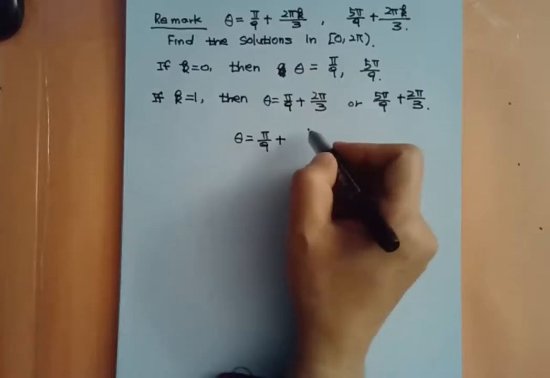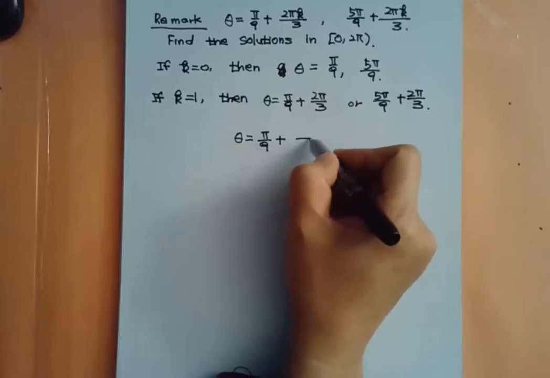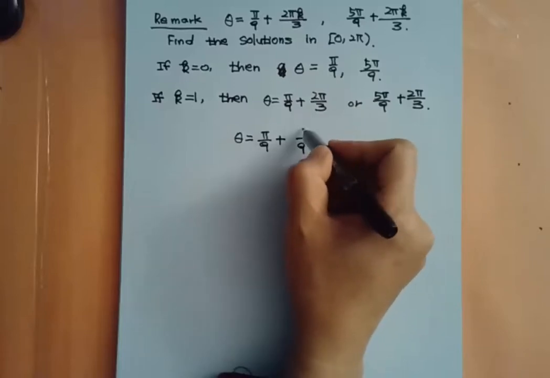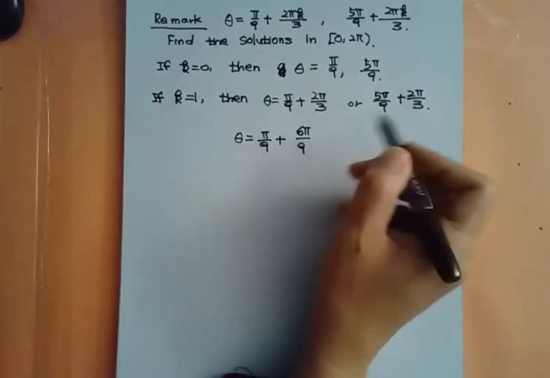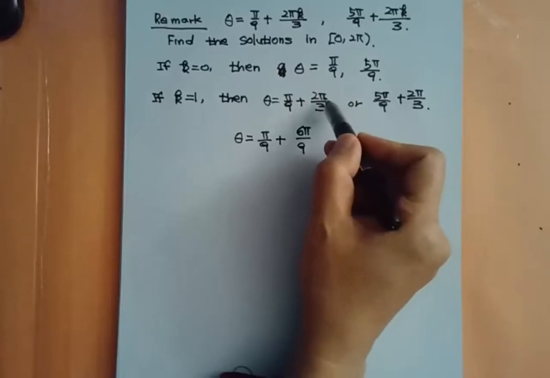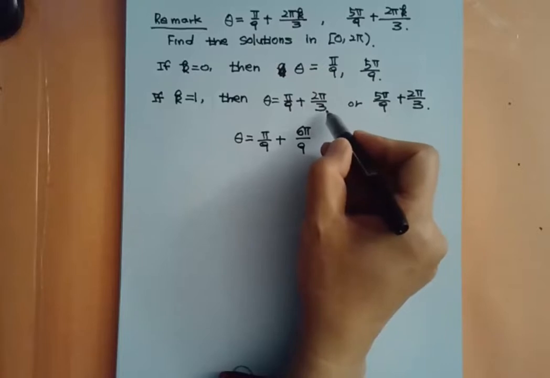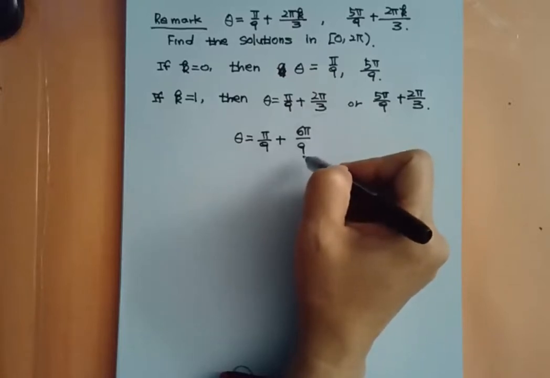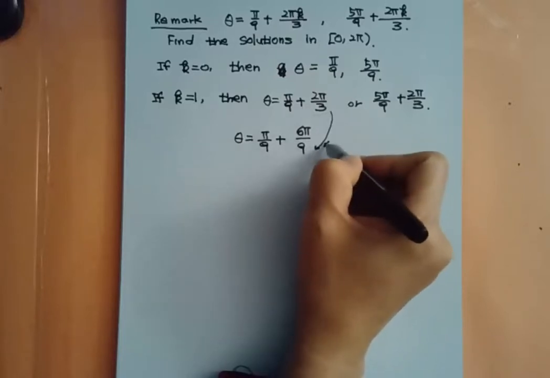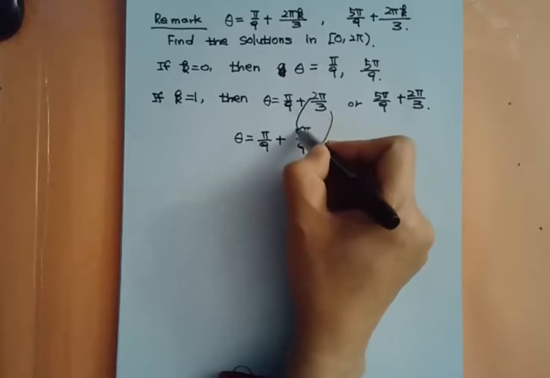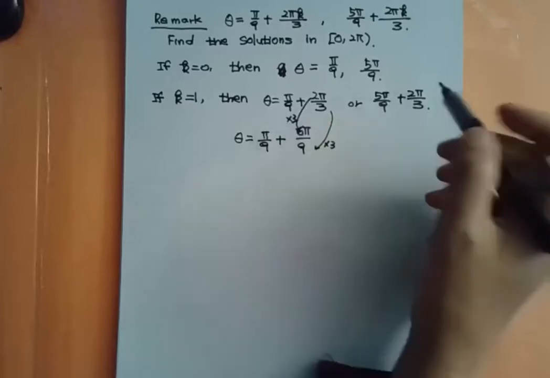Obviously, the common denominator is 9. So 2 pi over 3 will be converted to 6 pi over 9 because we multiplied by 3 to the denominator and to the numerator together.